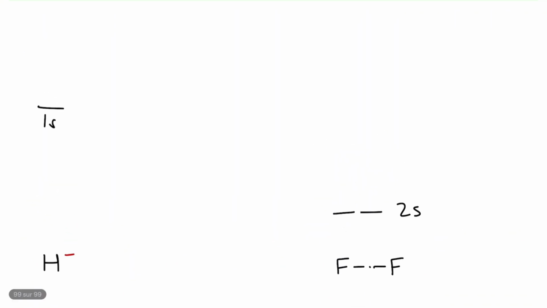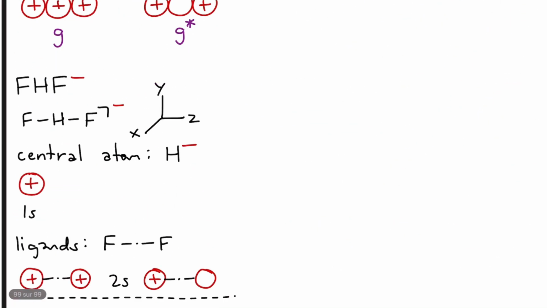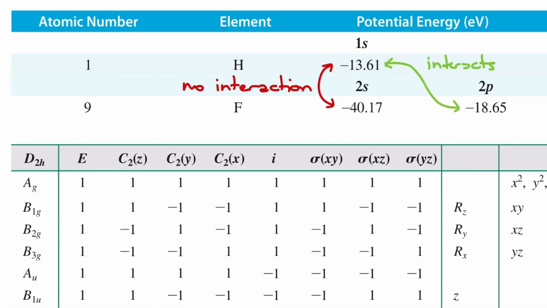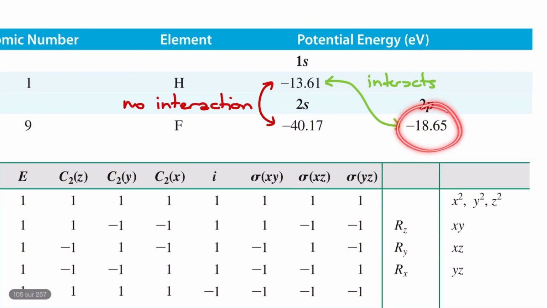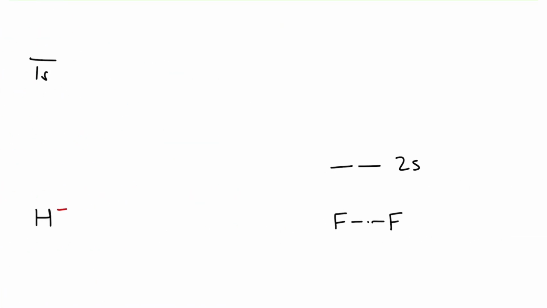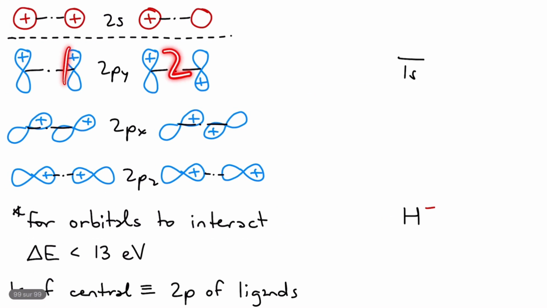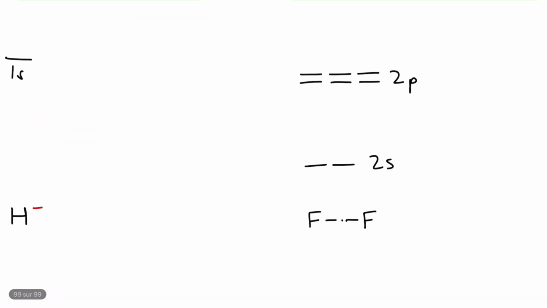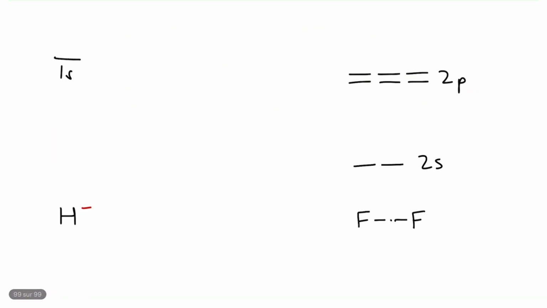Yeah, and then you have the 2p's of the fluorine, and it's a bit lower in energy than the 1s of the hydride. So it's going to be maybe here. And there are going to be 6 of these because you have 6 ligand group orbitals. Great. So let's start building the MO diagram.